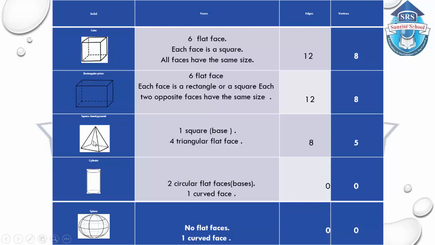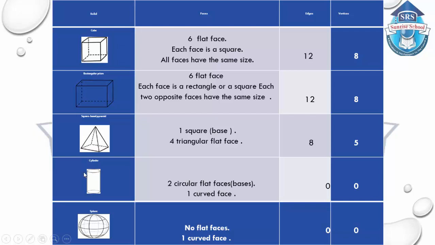When two edges meet each other, we call the point a vertex, and the plural of vertex is vertices. Down here we have 4 vertices, and up we have 1 vertex more, so all the vertices will be 5. A square-based pyramid has 5 vertices.